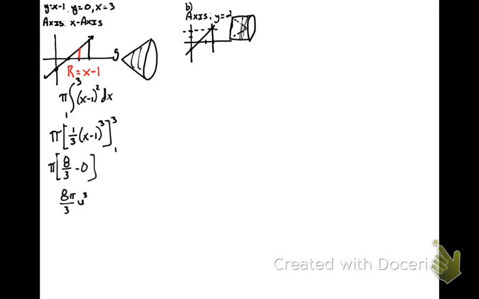So in this case, big R is from y equals 0 to 2, so big R in this case is 2.